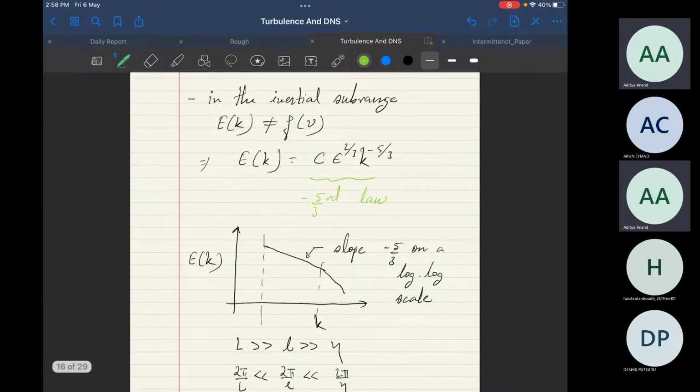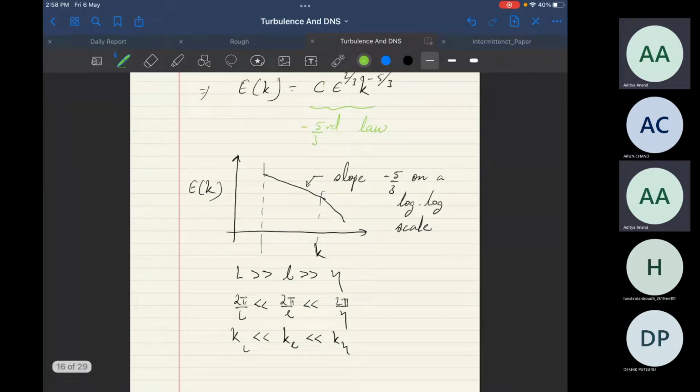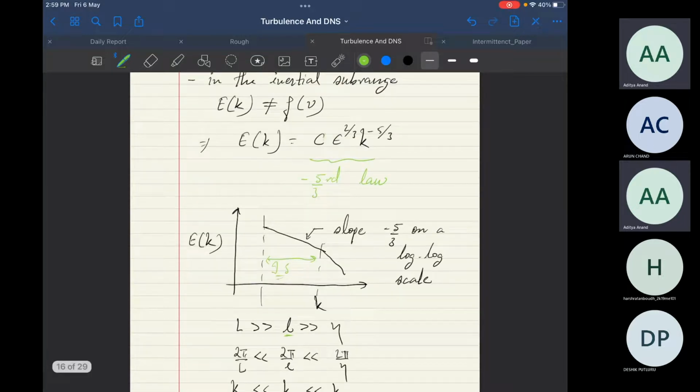As per the second similarity hypothesis, in the inertial subrange, that is for length scales much smaller than L and much larger than eta, or in the wave number space for wave numbers much larger than KL and much smaller than 1 over eta, you'll have a region called the inertial subrange. In this range, the energy density spectra will have this form.